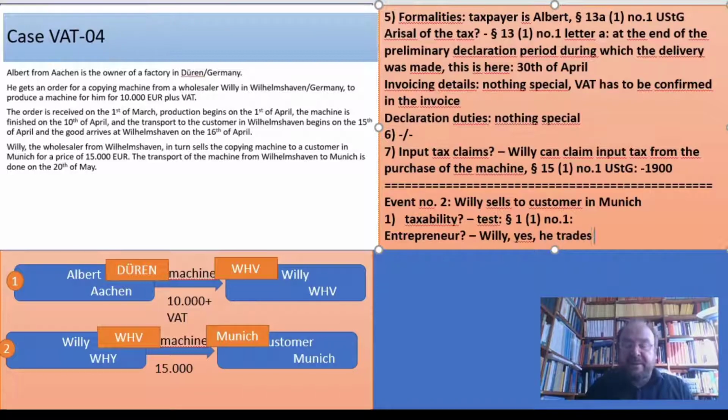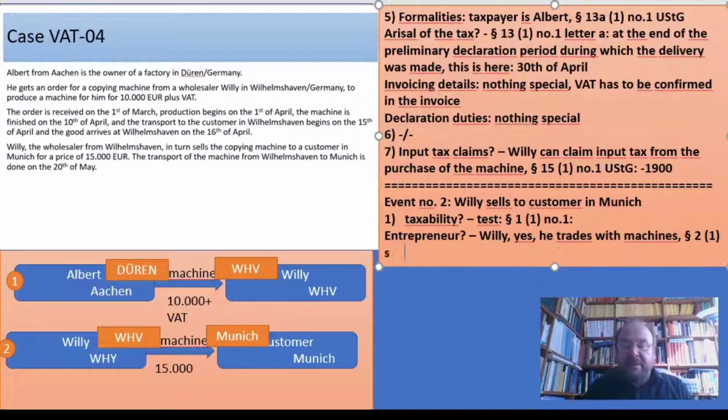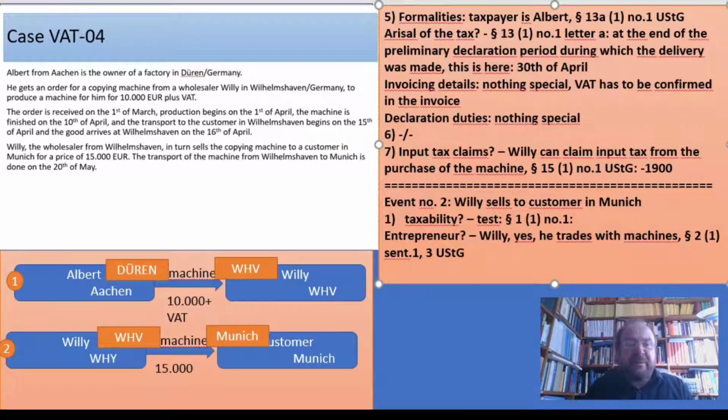He trades with machines. Paragraph 2, 1, sentence 1 and 3 UStG give us the answer. If you read that and compare it with the information I gave you here, then you can't avoid the conclusion he is an entrepreneur.